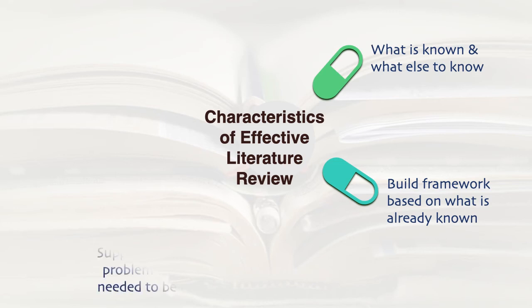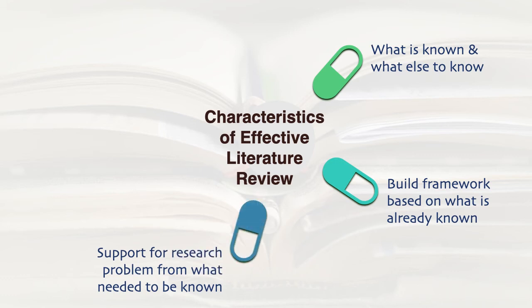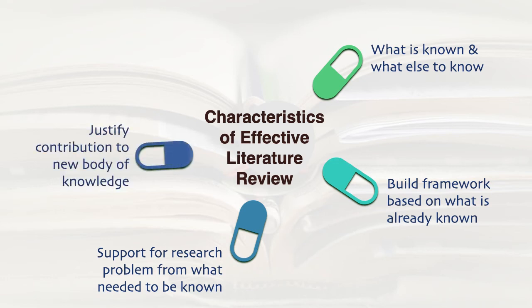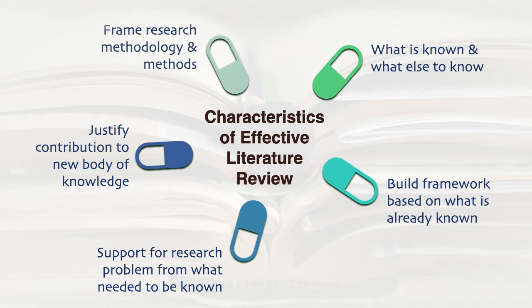The existence of the research problem can be supported based on what is needed to be known. It justifies the proposed research study as one that contributes something new to the body of knowledge, and facilitates the framing of valid research methodology, approach, objectives, and research questions for the proposed study.